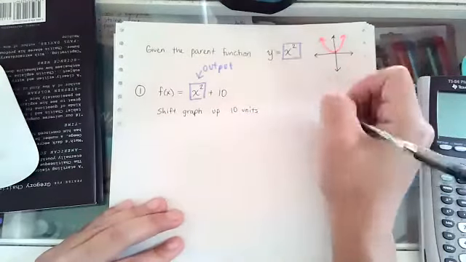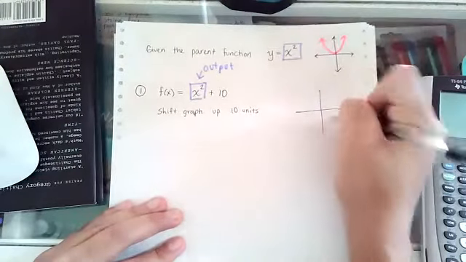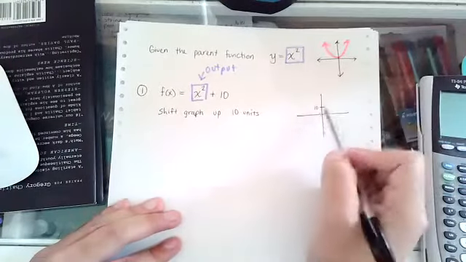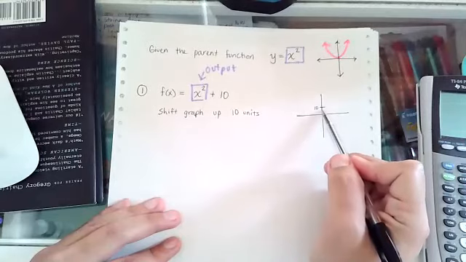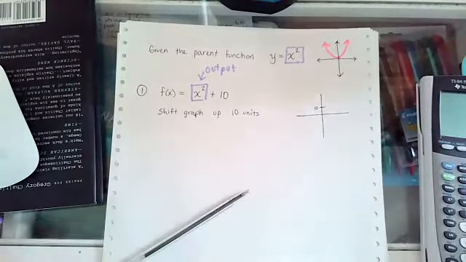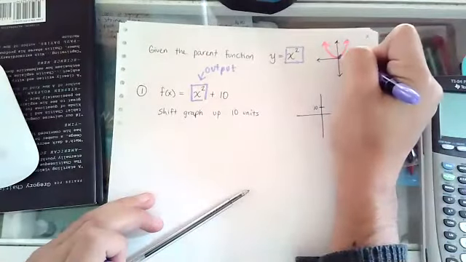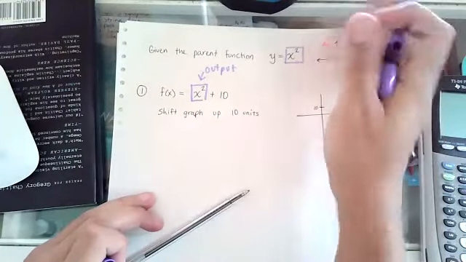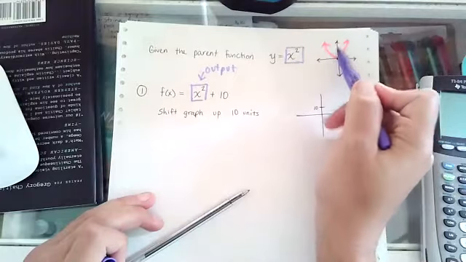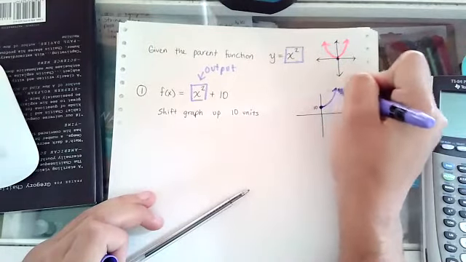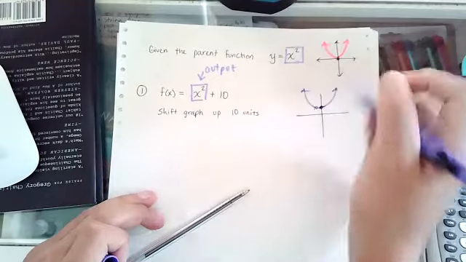So we could think about having a sketch of this graph here, and we would go up. I'm just going to put a little dash there and pretend that that's 10. That is where our new function would begin. This reference point in the very middle of that function will be shifted in the upward direction 10 units. So it'll be up there.